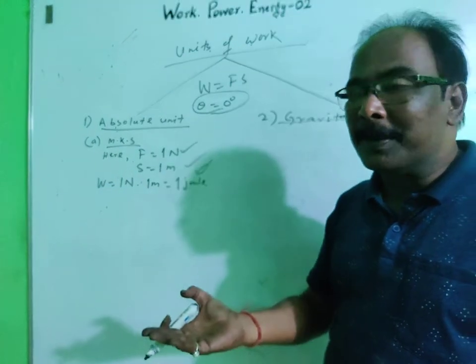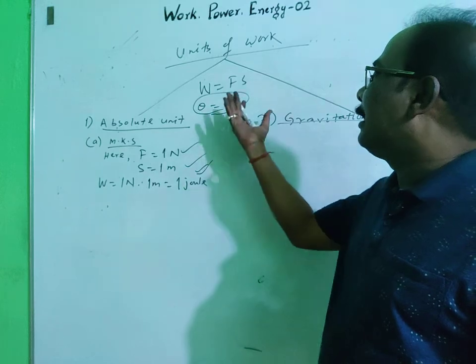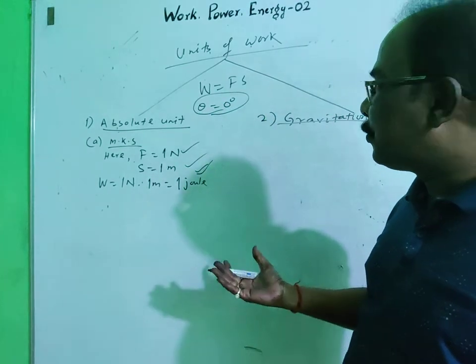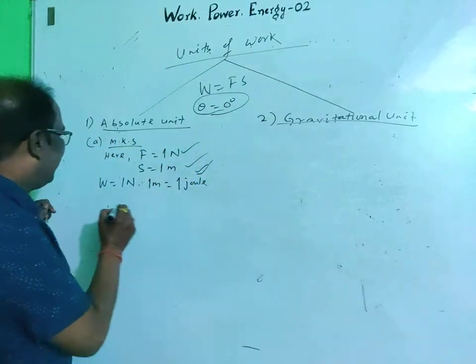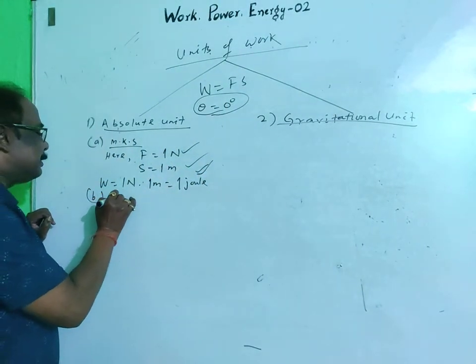Means force and displacement are in same direction. So theta is 0 degree, cos 0 is 1, work is equal to Fs. Is it clear?